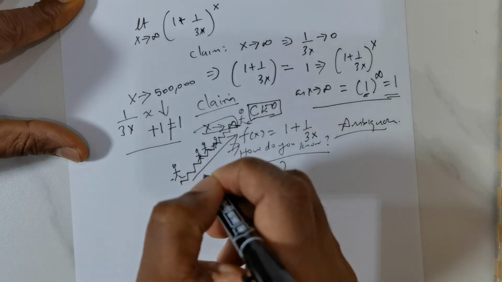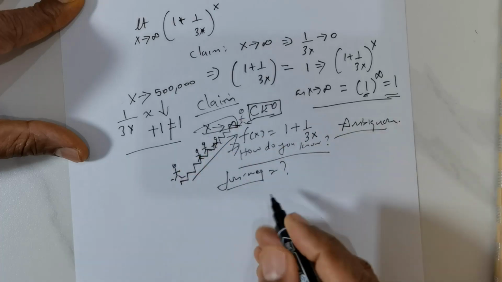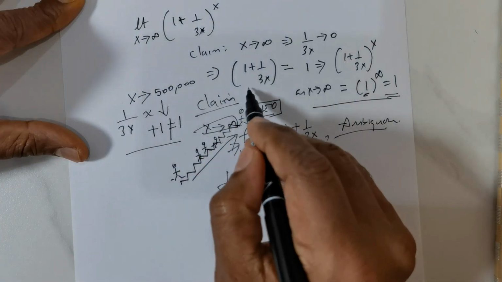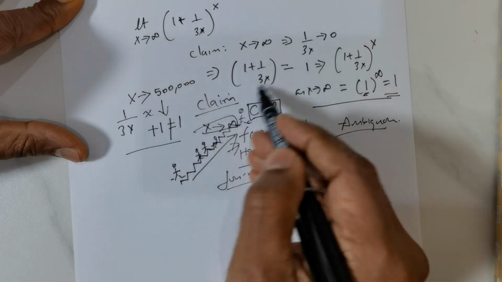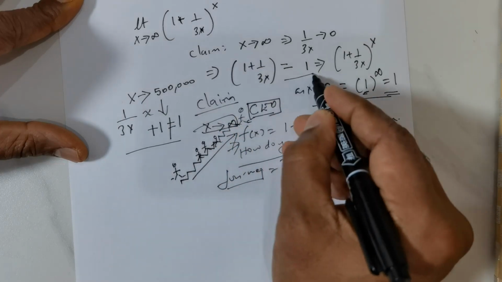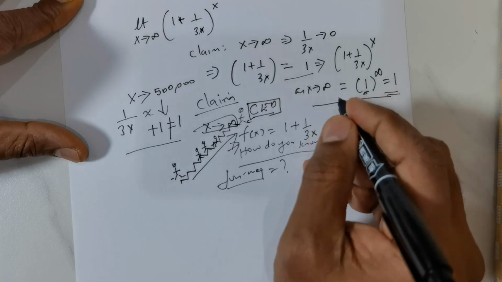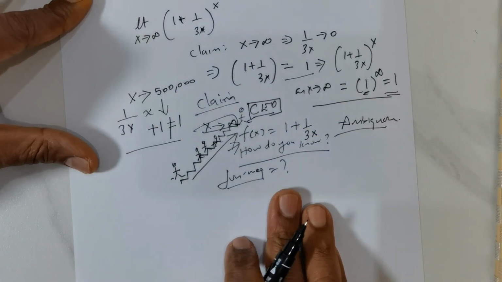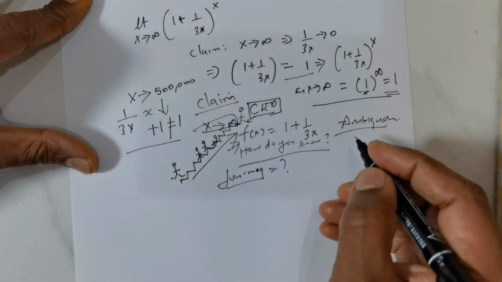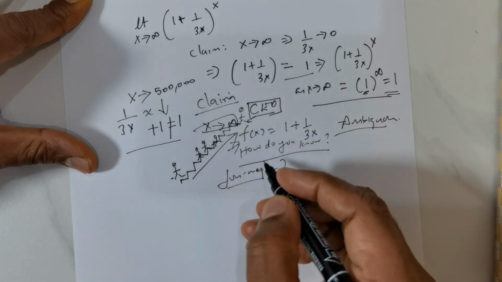Have that in mind. So that is why we cannot outrightly state that as x is going towards infinity, we will have this quantity reduced to 1. That is a fallacy or ambiguous route to take. We cannot take that route.